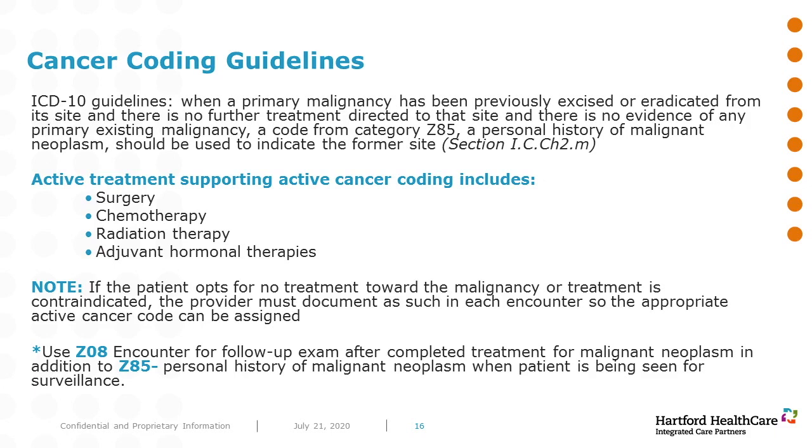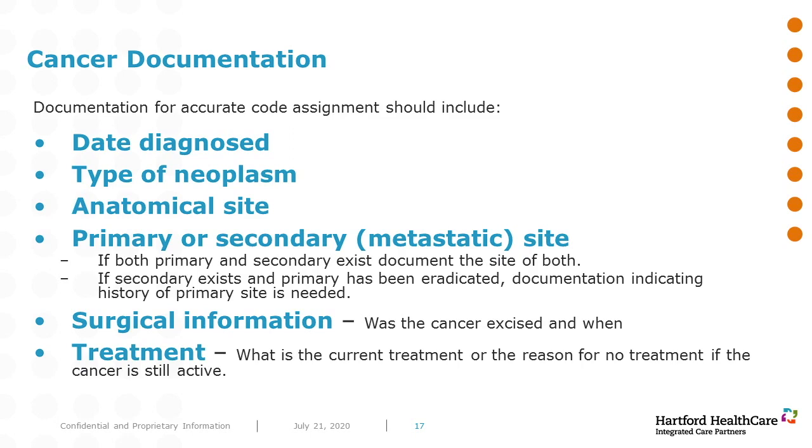If a patient is coming up for a follow-up encounter after treatment is completed, then we should use a diagnosis code from the Z08 category and also the personal history of the malignant neoplasm, for correct coding and sequencing. So, cancer documentation.